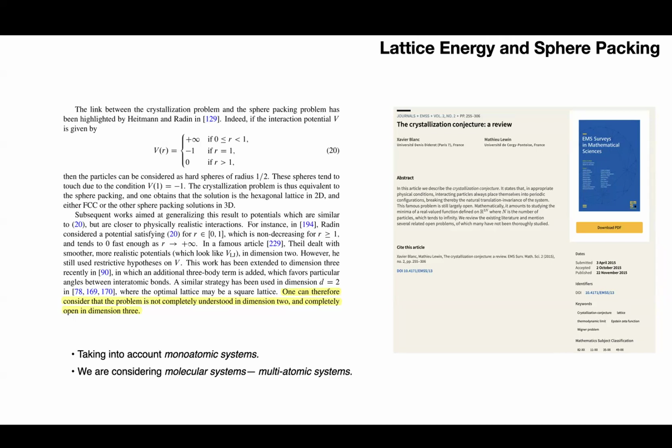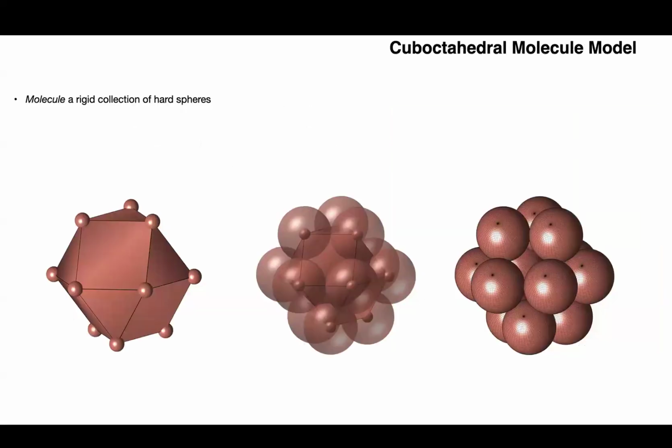We don't know much about this so-called duality between lattice energy minima and taking the maximum. Another thing is that the review paper takes into account only monoatomic systems, so we are jumping straight into multi-atomic systems, which will be fun.